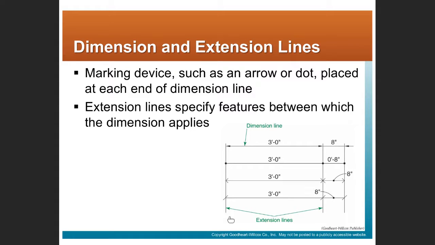The extension line shows which features between which the dimension applies, and the dimension line is drawn between those two extension lines and shows what the actual dimension is. And again, there are lots of different styles of arrows and crosses or tick marks. There's not one right way to do that. It's just going to depend on the particular style of the architect or the office.